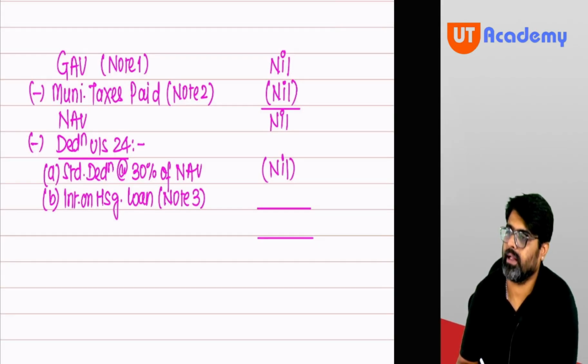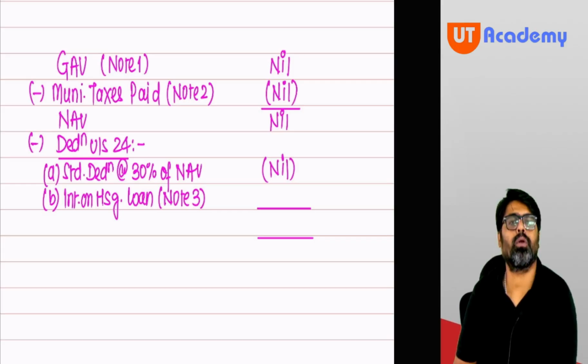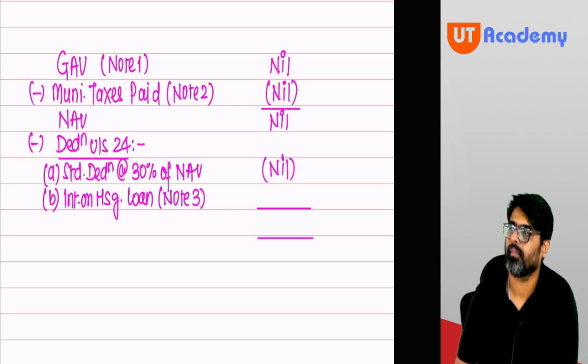As per section 23, subsection 2, the GAV of any two SOPs, at the option of the assessee, is exempt. Full stop.